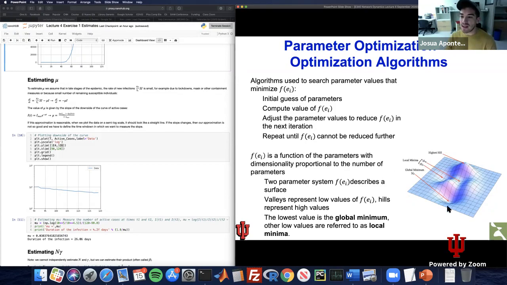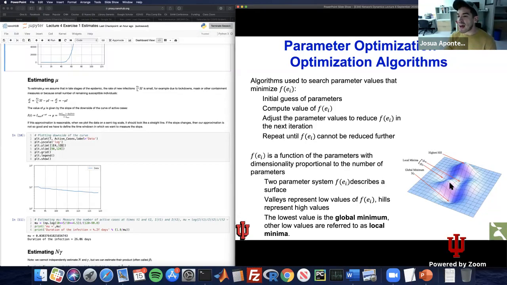In the case that you have, let's say, 2 parameters, then you can visualize that function as a surface. And what your optimization algorithm is going to do is start at a point in that surface, right? At a combination of 2 parameter values, and then it's going to move in that surface to find a point where the surface is at a minimum.